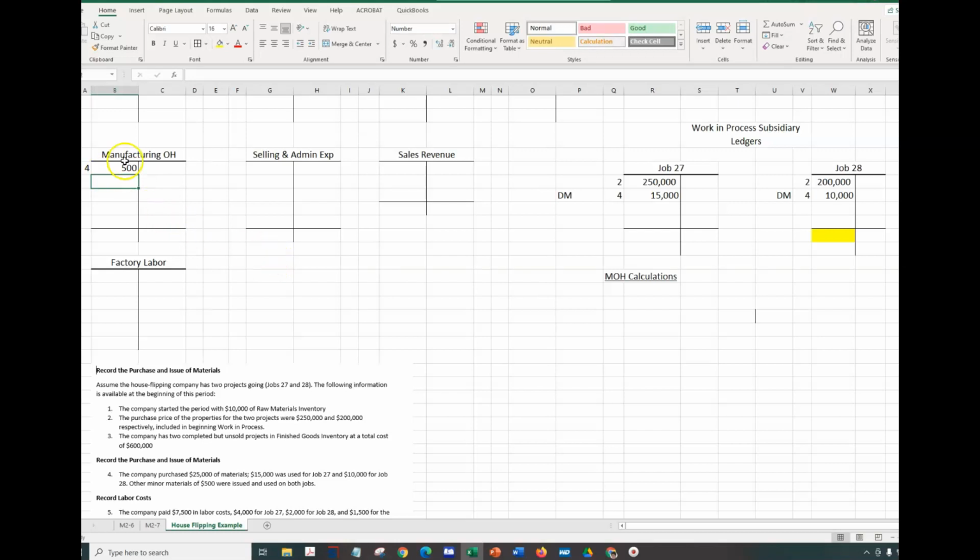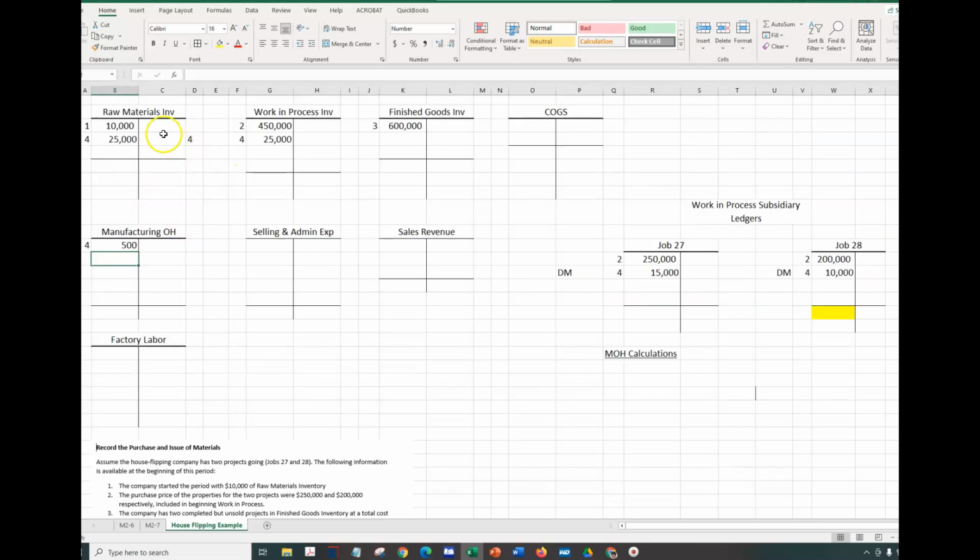So now coming out of here, $25,500. 25,000 of it went to work in process. 500 of it went to manufacturing overhead. That's 25,500. This 25,000 is split up into two jobs: 10,000 for job 28 and 15,000 for job 27.